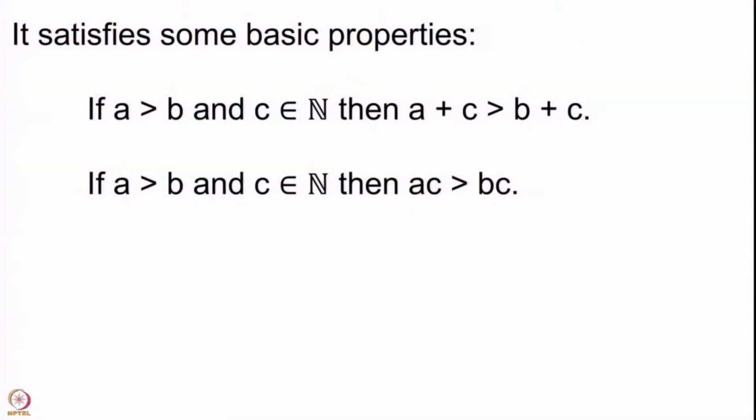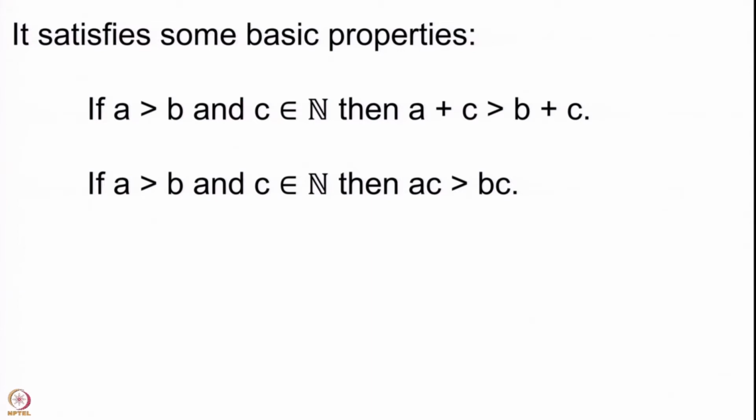Let us go to another such property which will connect the relation with respect to the product. Just like the sum, the product also respects the relation. If I take a bigger than b and I multiply both a and b by a natural number c, then ac is going to be bigger than bc.